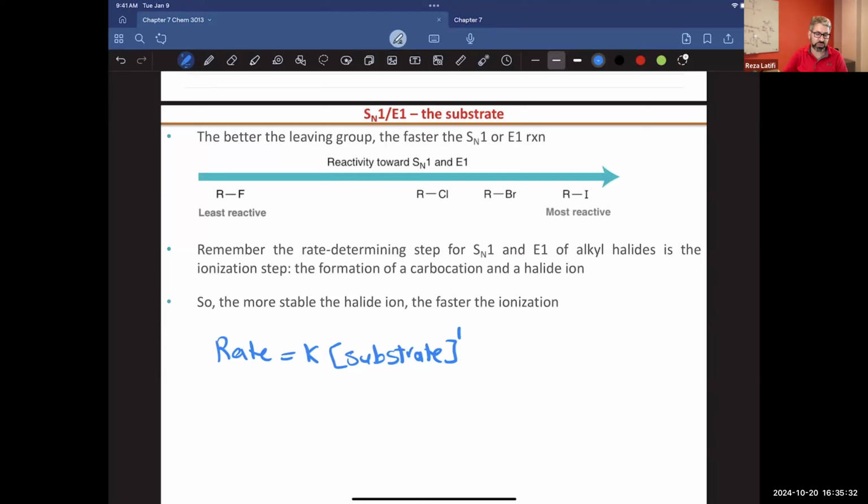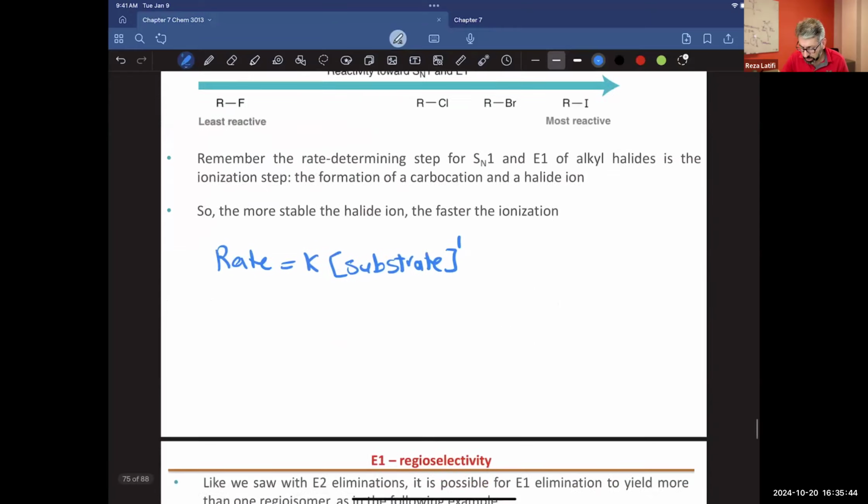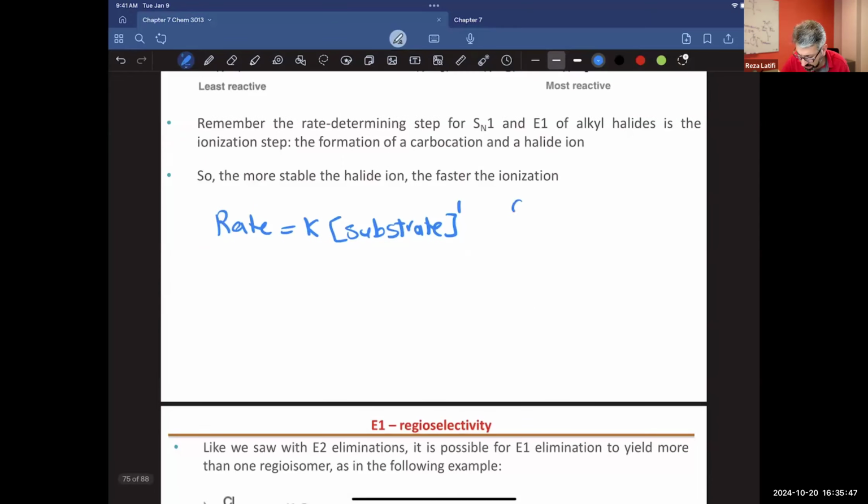As we move down the halide group, the bond gets longer and longer, and because it is a longer bond, it is easier to break. So breaking C-F bonds is harder. That means it requires more energy than a C-I bond, so you will be spending more energy to break C-F than C-I.